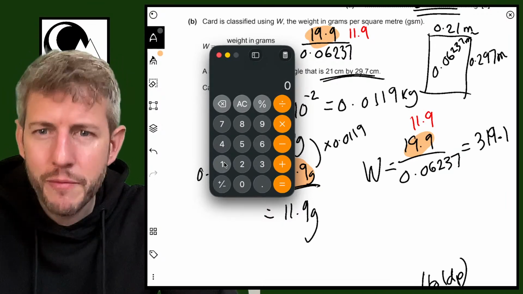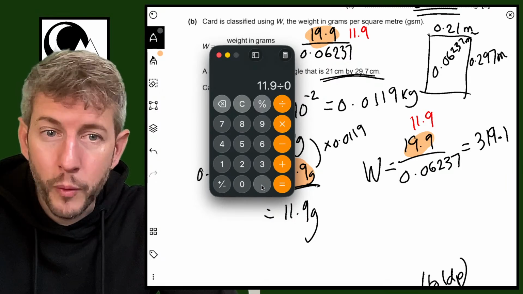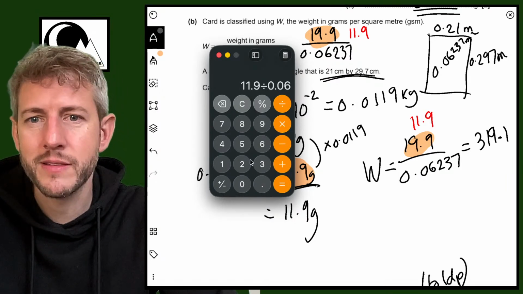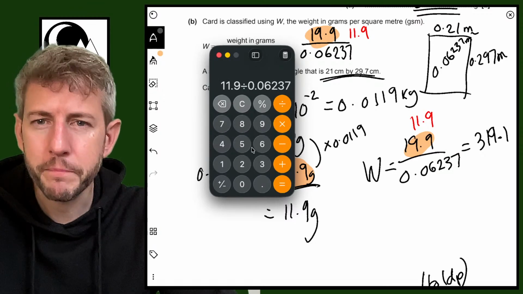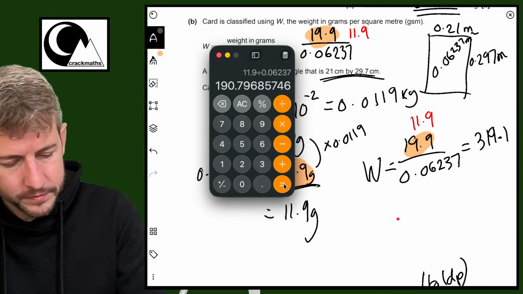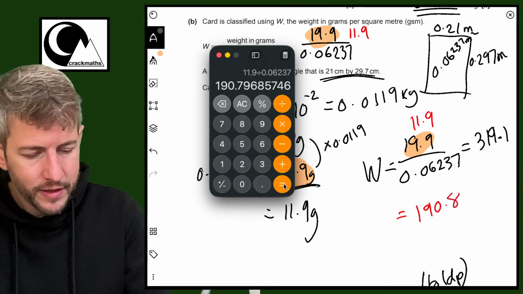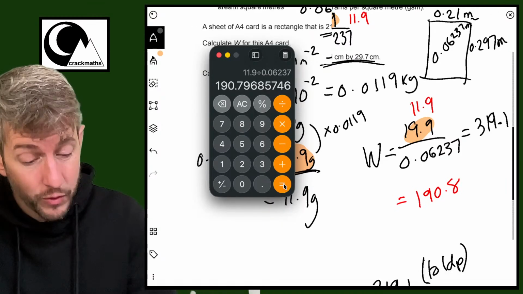Right, 11.9 divided by 0.06237, and that equals 190.8. Okay, I believe that is actually what they got.